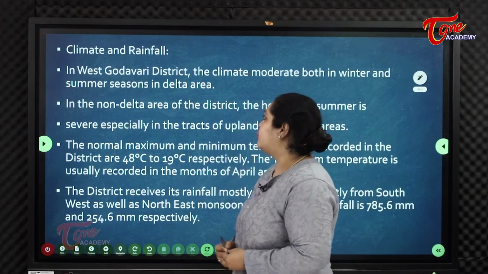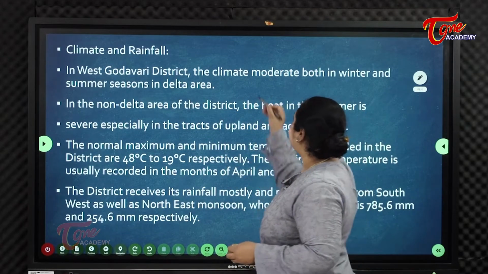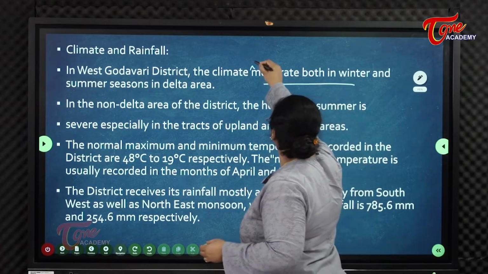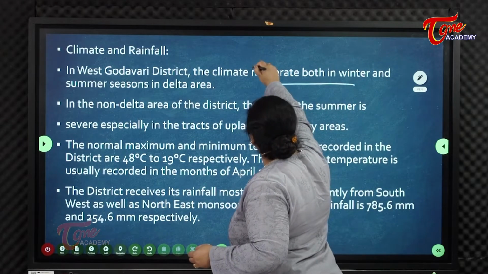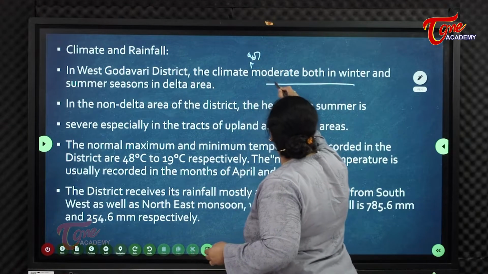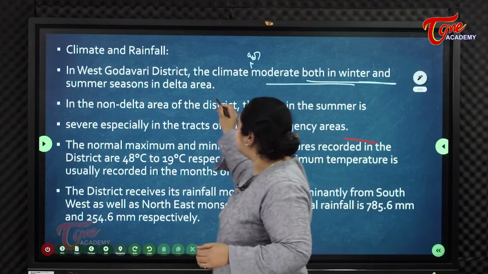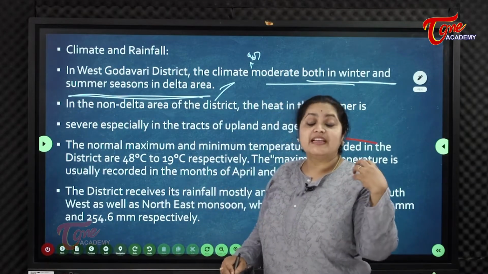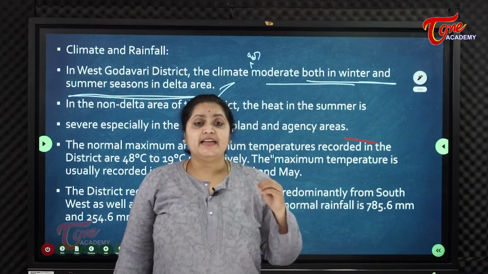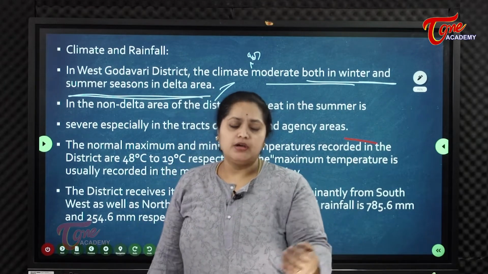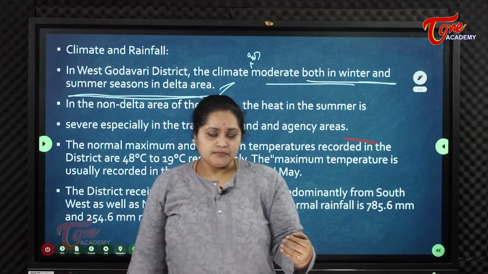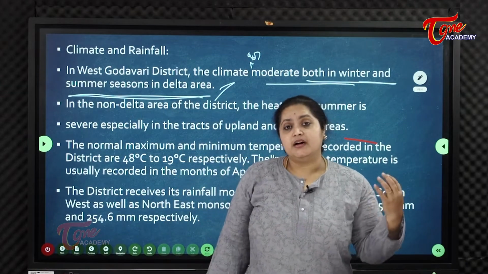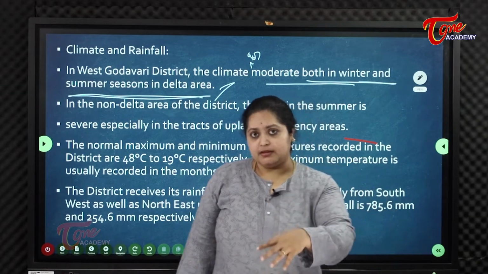And coming to rainfall, in West Godavari district the climate is moderate both in winter and summer seasons in delta areas. It is not extreme in delta areas, near the shores or near the sea, where river Godavari merges with the sea.